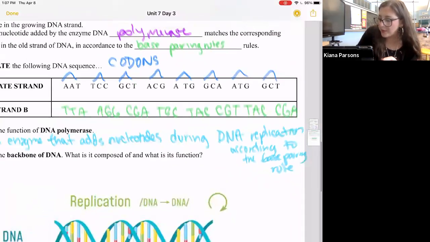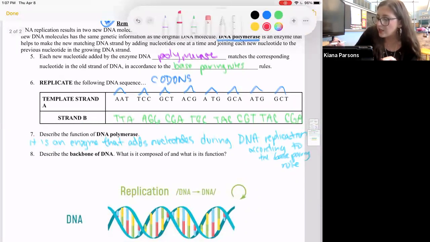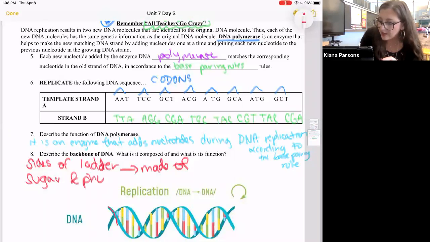What is the backbone of DNA? What is it composed of and what is its function? So the backbone is the sides of the ladder, made of sugar and phosphate.